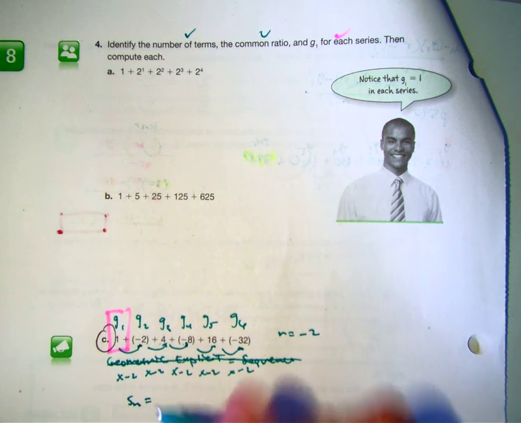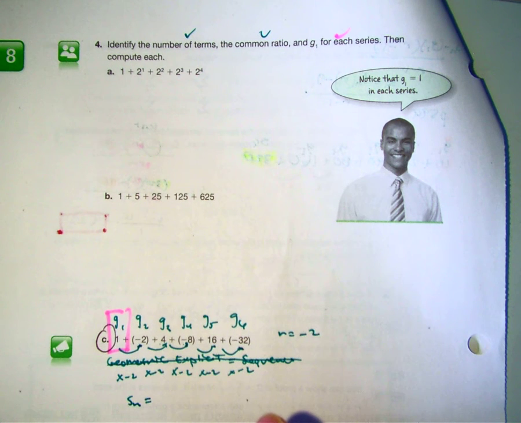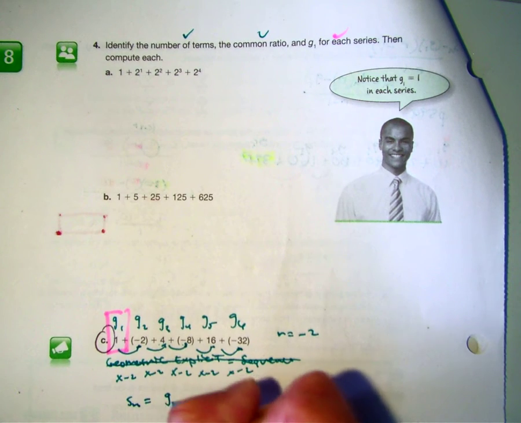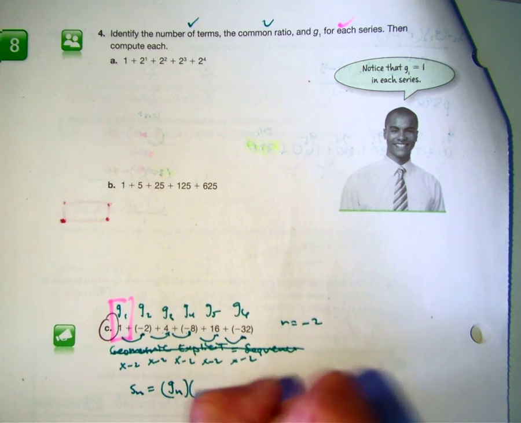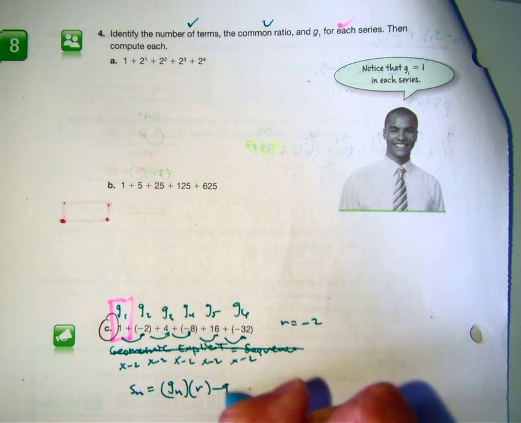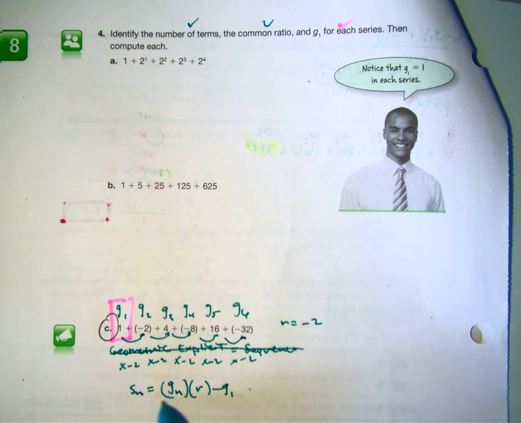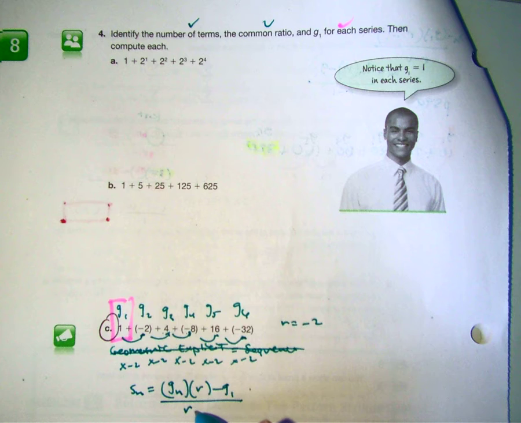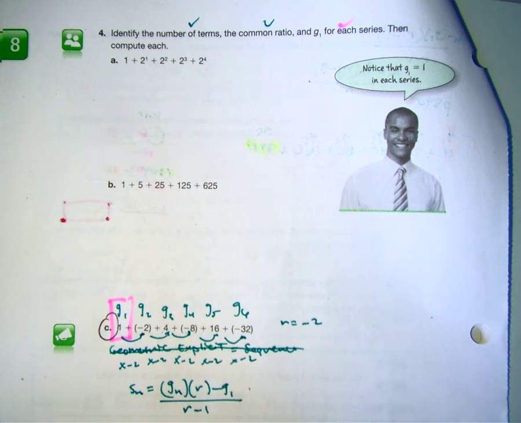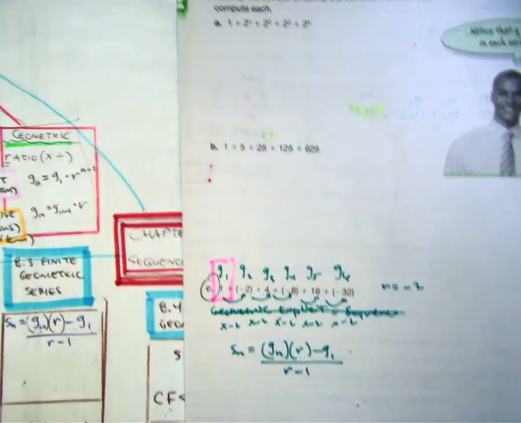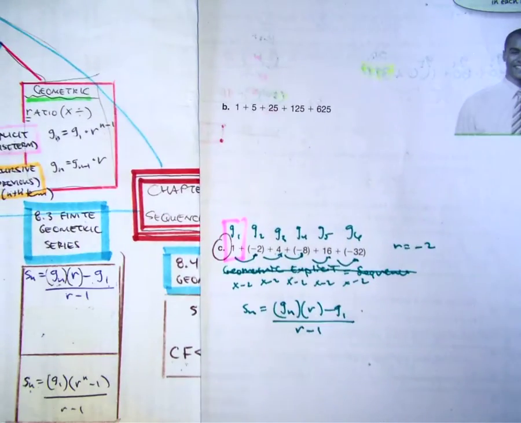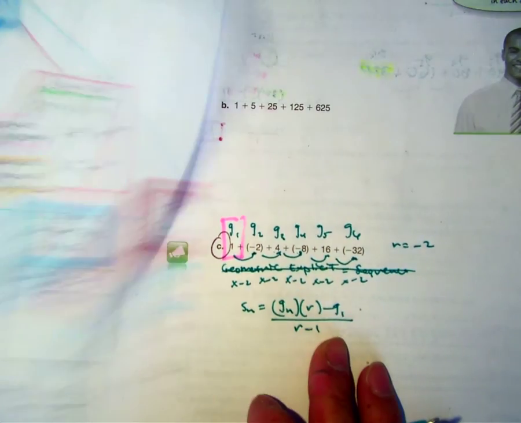Sn equals Gn times R minus G1 divided by R minus 1. Raise your hand if you wrote down that formula. Now, if you have your formula sheet out, it's actually possible to use both of those. Raphael chose to use this one, which is fine.